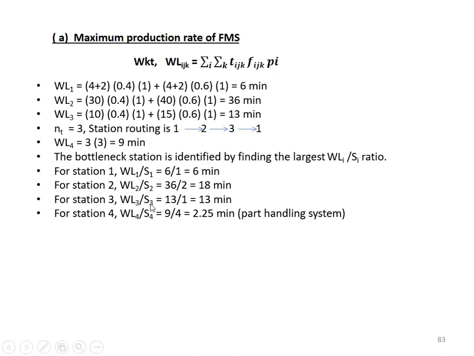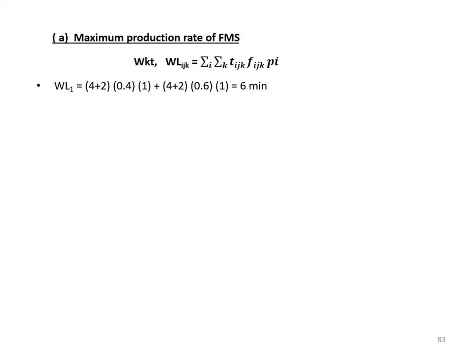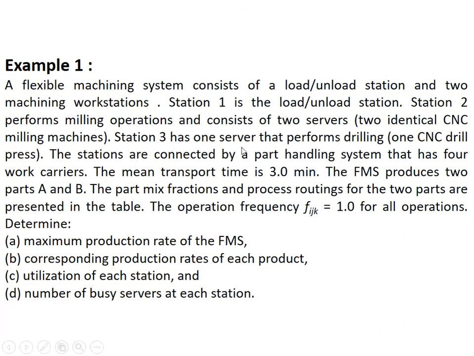Here also the number of stations, yes, I think you got confused over here. We need to see that Si is nothing but the number of servers at that particular station. In the problem, as you can see, station 1 has one, station 2 has two servers, and station 3 has only one server.